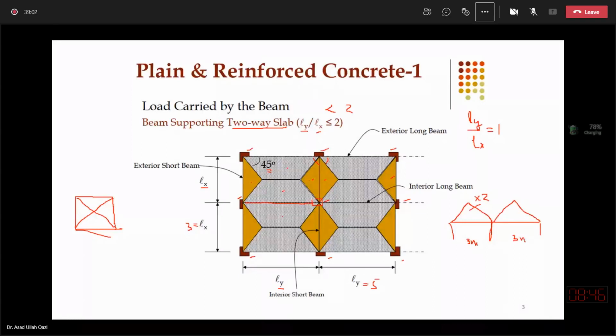If I'm sketching a long span beam, I can say that an interior long span beam can be sketched like this: there are two interior long span beams, each of span 5 meter, and they are subjected to two trapezoids.